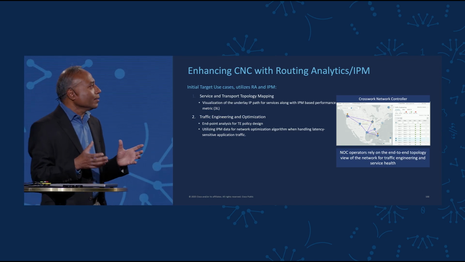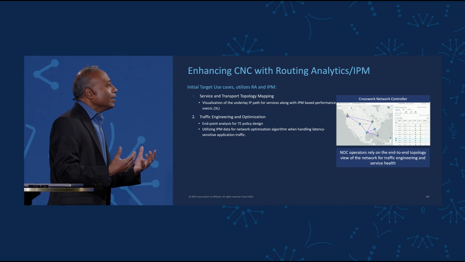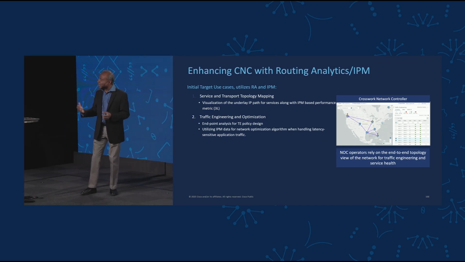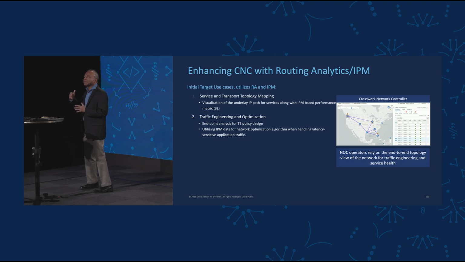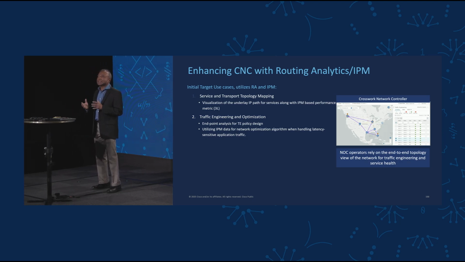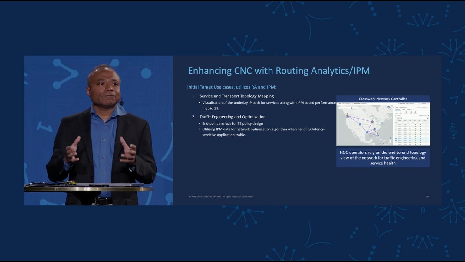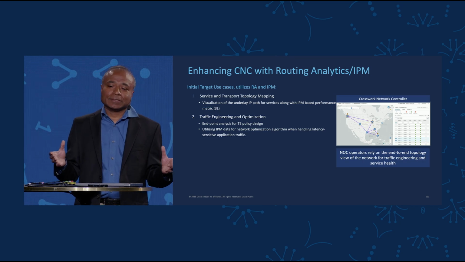So that's an example where I can take advantage of the routing analytics as well as the IPM. Also, I can take the IPM data and incorporate it into the optimization algorithms as I deliver the services for latency-sensitive applications.